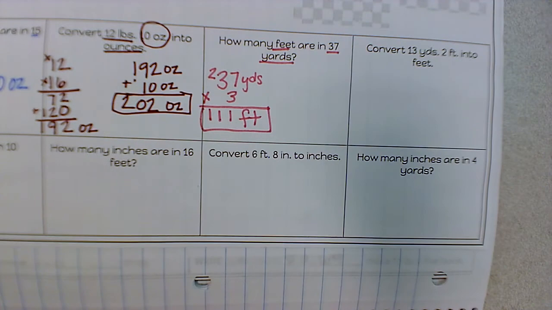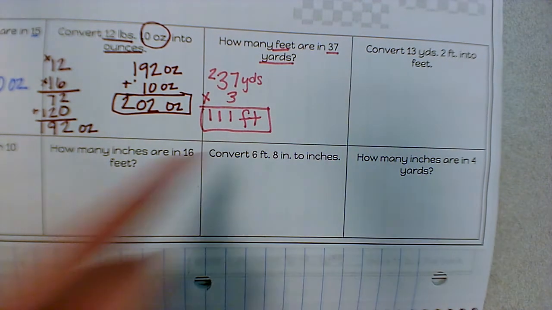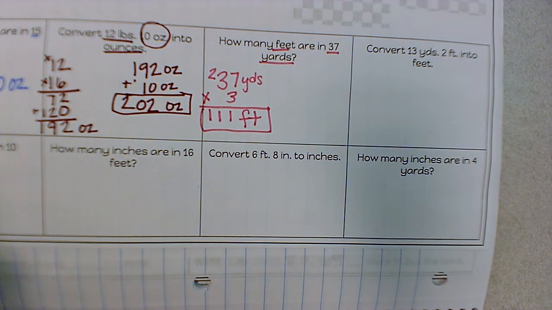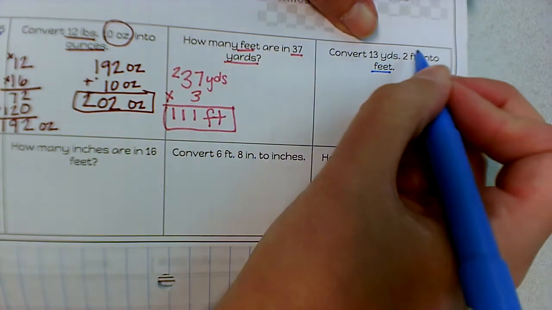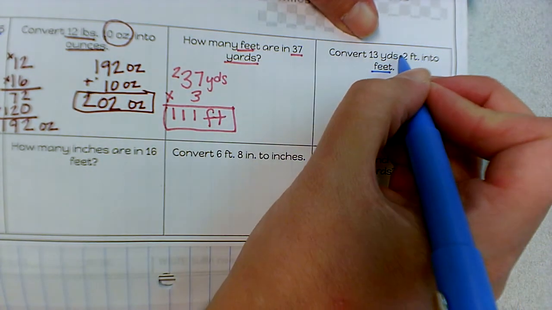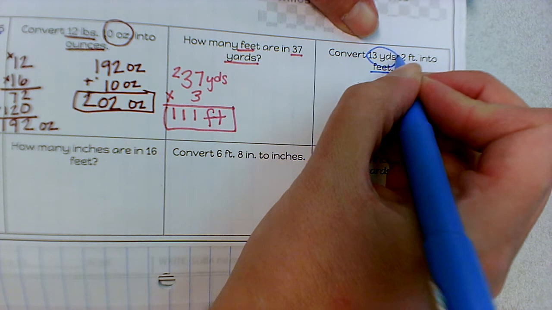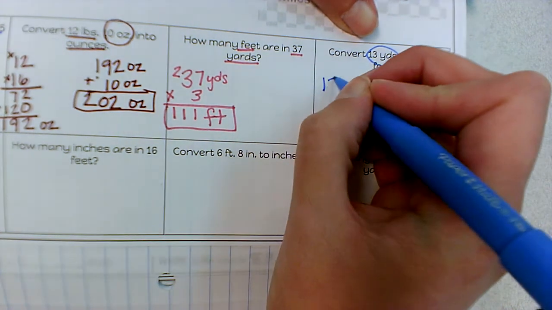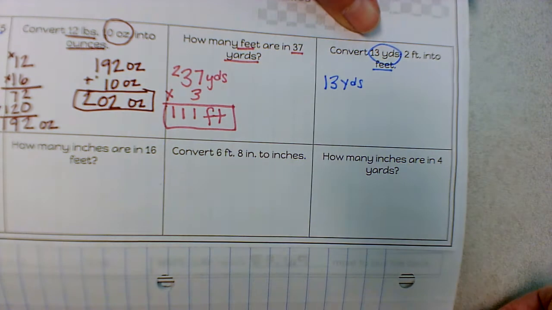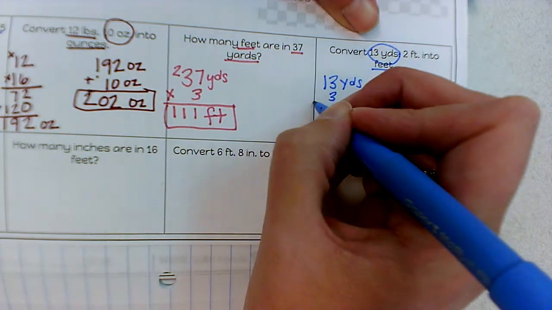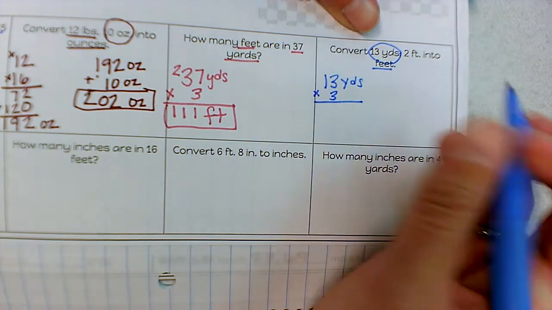All right, let's look at the next one. Convert 13 yards, 2 feet, into feet. Well, I need feet as my final answer. I have some already that I'll have to stick on at the end, but I've got to get rid of this 13 yards. So I'm going to start and say I had 13 yards. And if I'm switching from yards to feet, I know there are 3 feet in every yard, so I'll multiply.